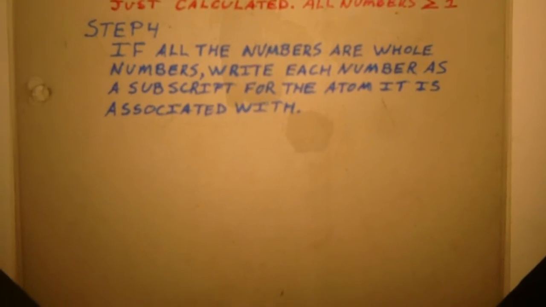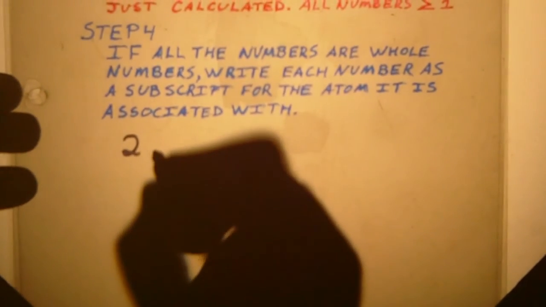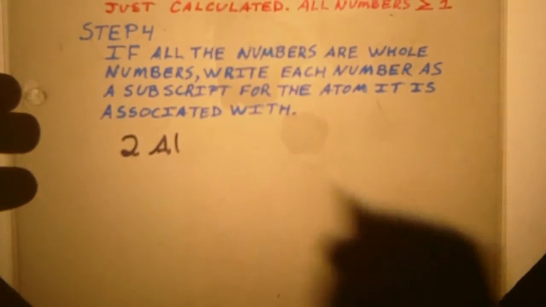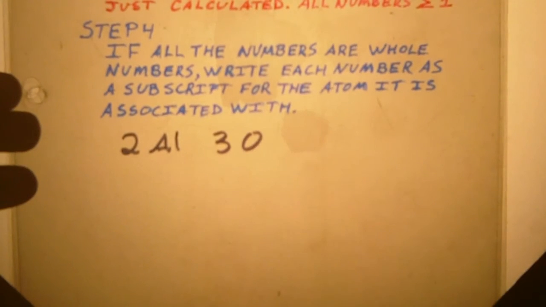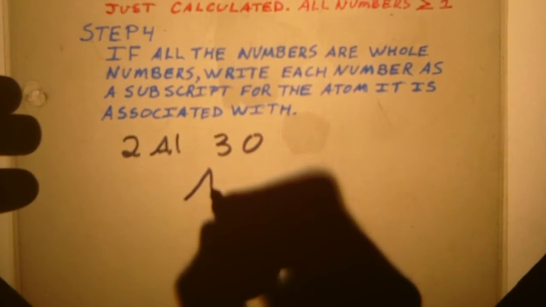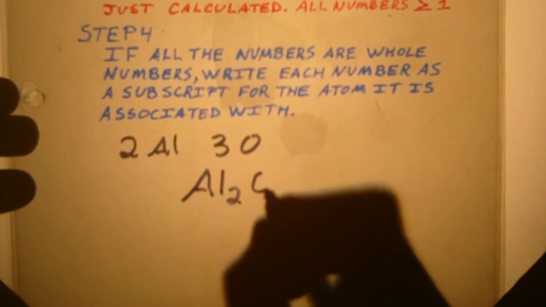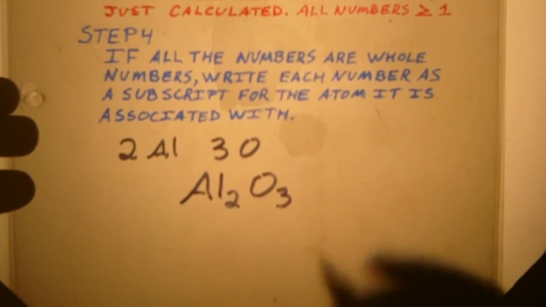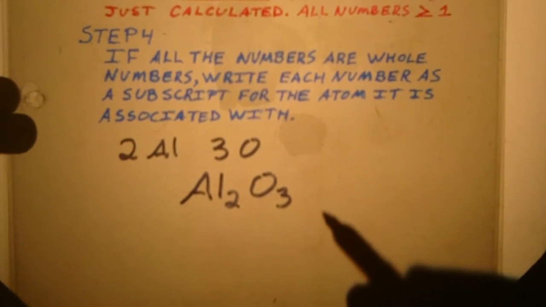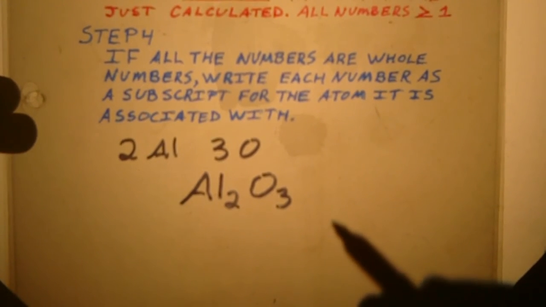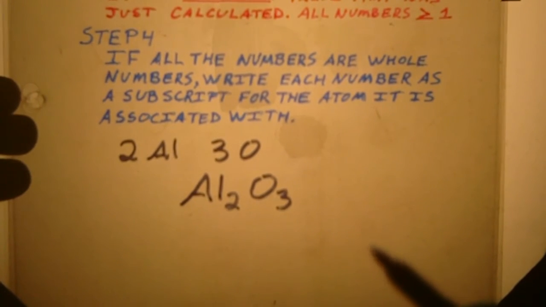So if I had 2 moles of aluminum and 3 moles of oxygen, I would write Al subscript 2, O subscript 3. That is my empirical formula. Not necessarily the molecule, but the formula, the ratio of the atoms in the smallest possible way.